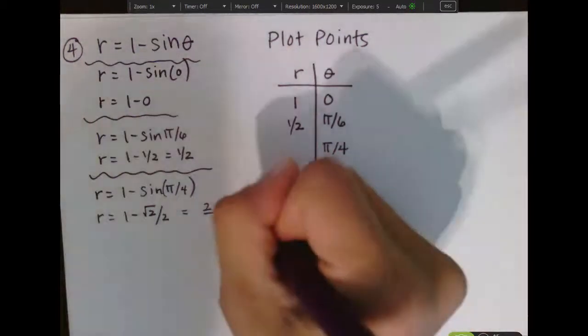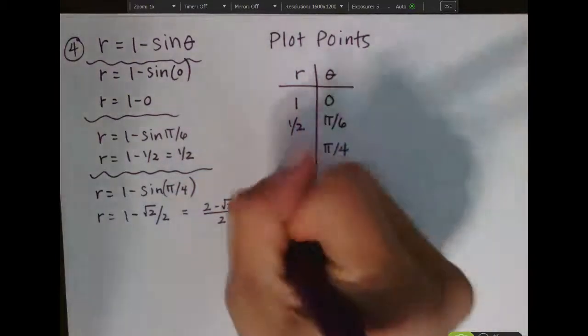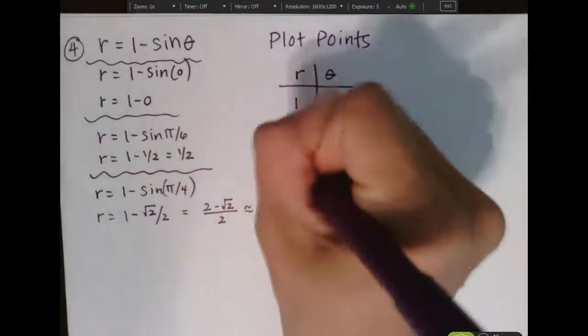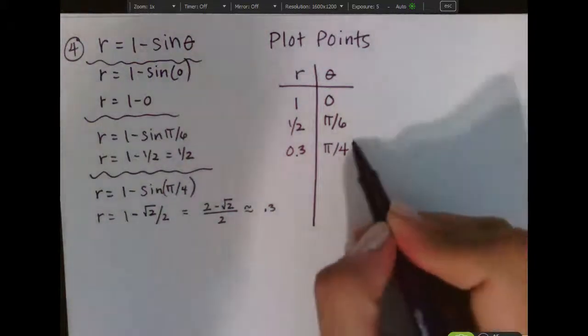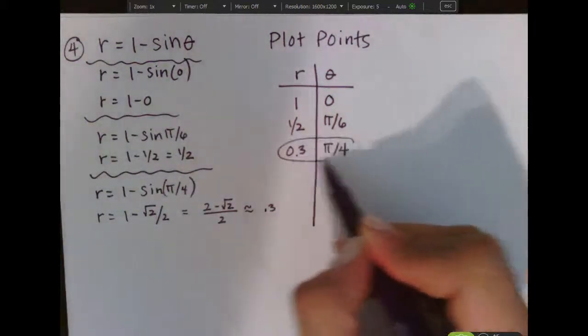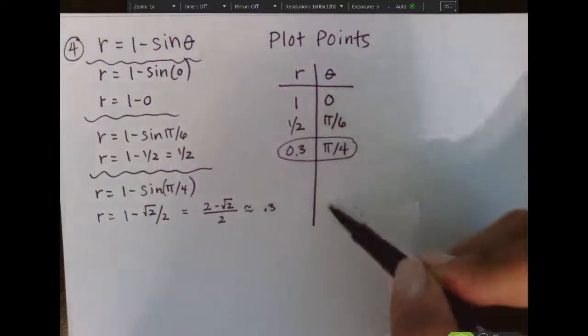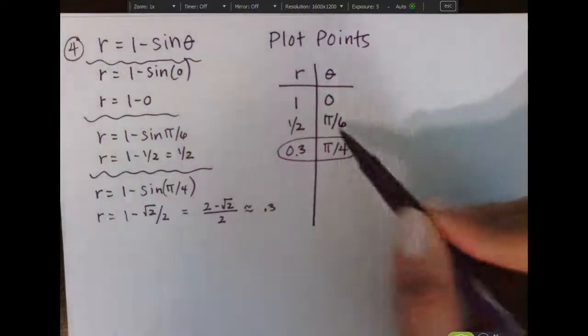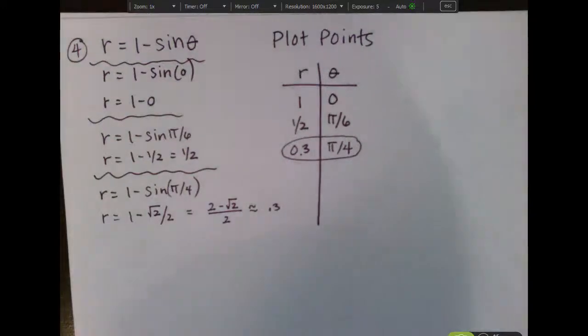And of course we need to approximate that because we're not going to be able to plot that point as is. So it's approximately 0.3. The other thing to keep in mind is that you may want to skip any angles that aren't going to give you nice values. So it's your choice in terms of making your table what theta values you want to use. You certainly don't have to use pi over 4 if it's not going to give you a nice value.